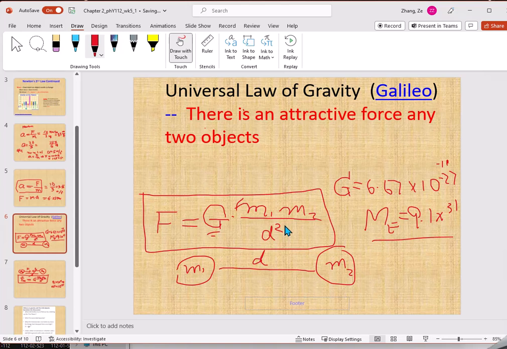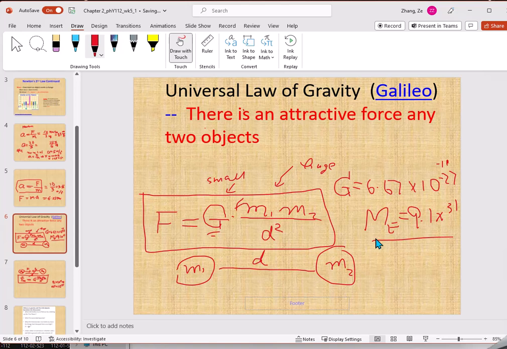But he said the force exists. Well, how can I check such a small thing? He said the formula is still correct, especially if one of the objects is huge. So if you have a small number here, and one of these numbers is huge, like if you put in the mass of the Earth.